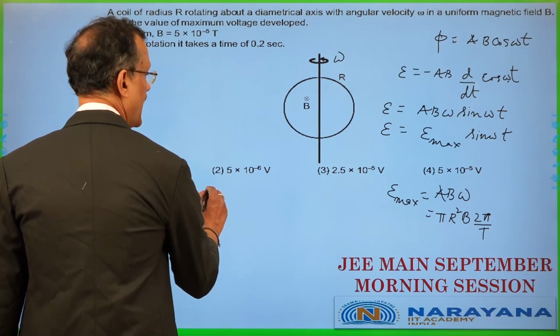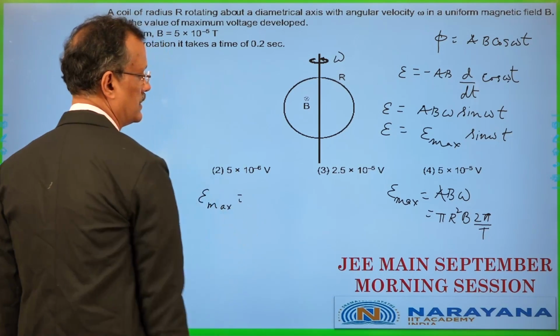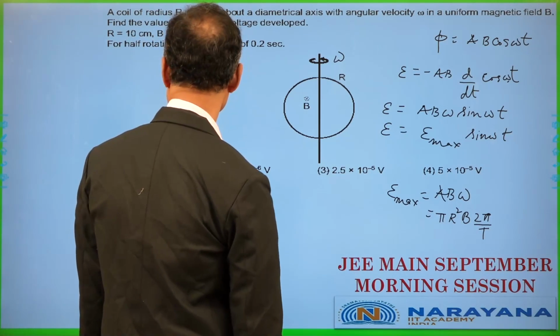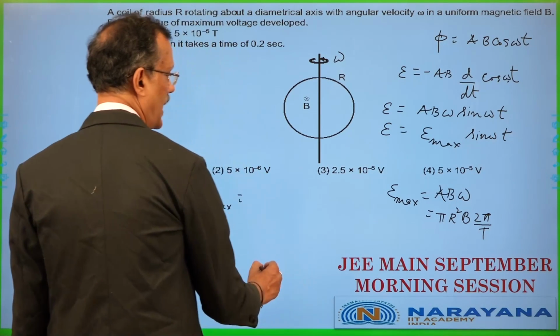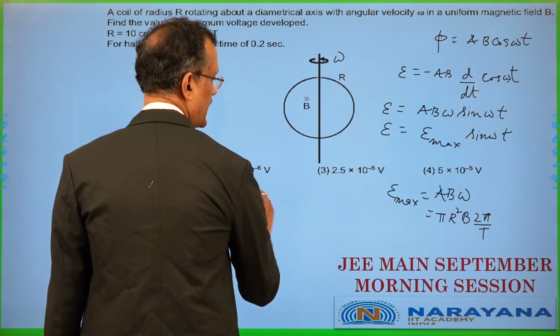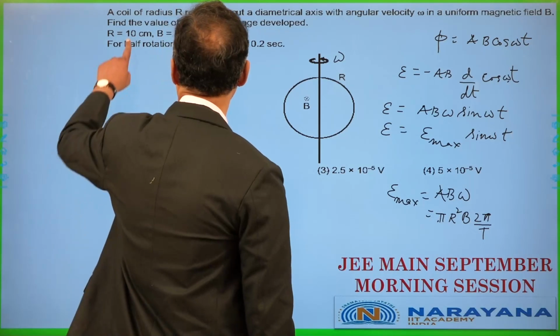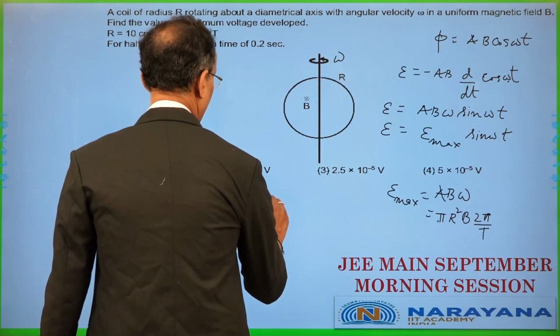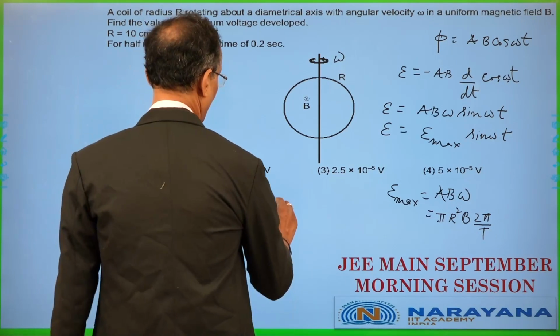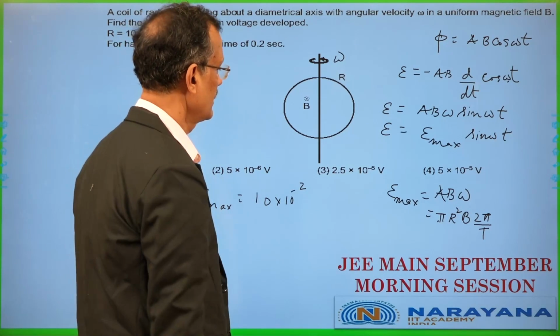So your E max, okay, this will become pi, because there you have pi squared. So I will take pi squared as 10. This pi squared I have taken 10. R squared, okay, 10 is 0.1, R squared 10 to the power minus 2 we will take.